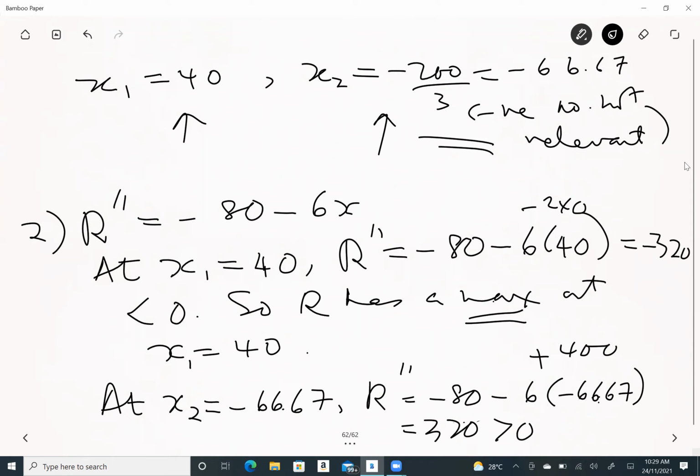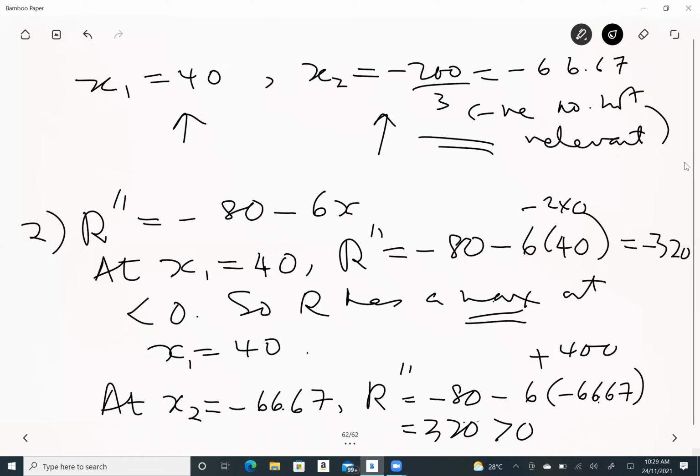If the value of R double prime is positive at the critical point, you have a minimum. So you say that revenue has a minimum at x2 equal to negative 66.67. But anyhow, that is not relevant.